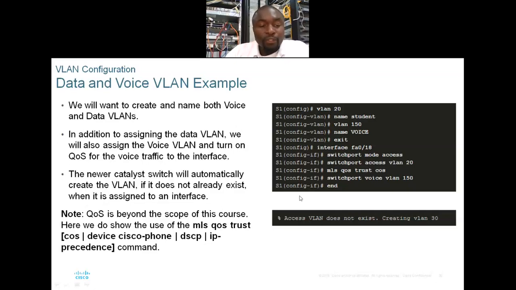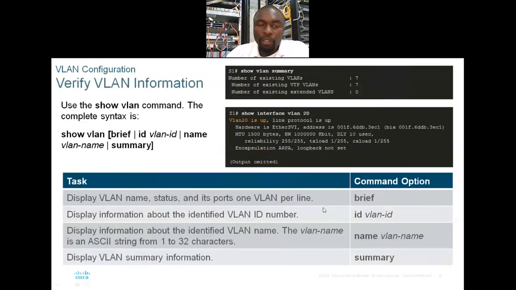So here we show the use of the mls qos trust command. That is the command that you use so that you can convey both of them on the same platform. We'll do the Packet Tracer for that very soon.